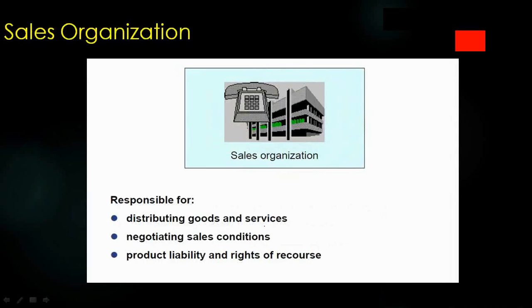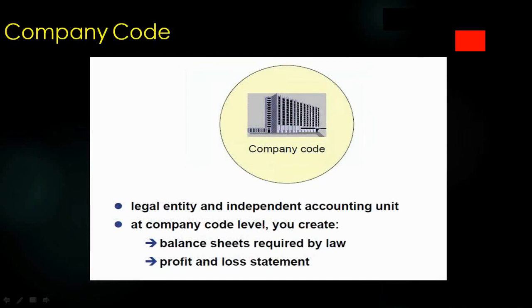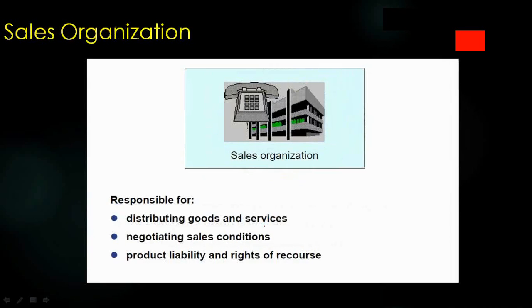Company code, as we have seen just now, is a common org structure between SD, finance, PP module, and MM module, whereas sales organization is purely SD module specific. So what is a sales organization? A sales organization is responsible for distributing goods and services and negotiating the sales conditions, product liability and rights of recourse. That's a sales organization.